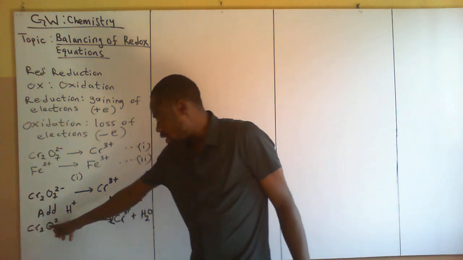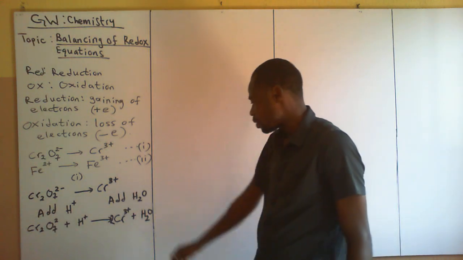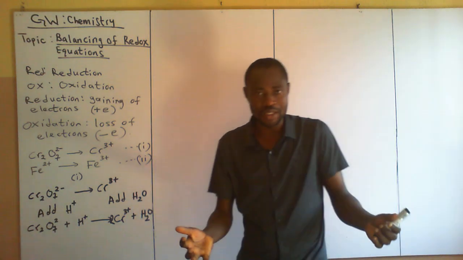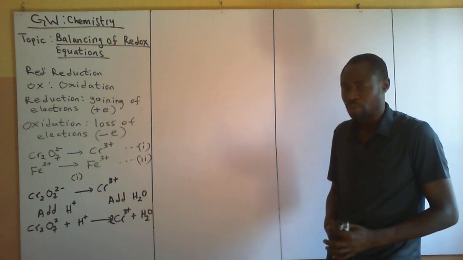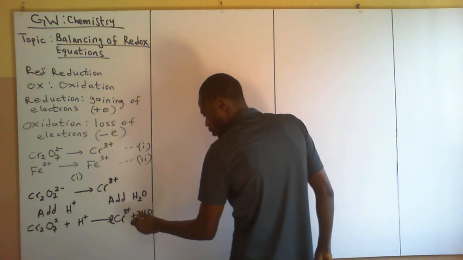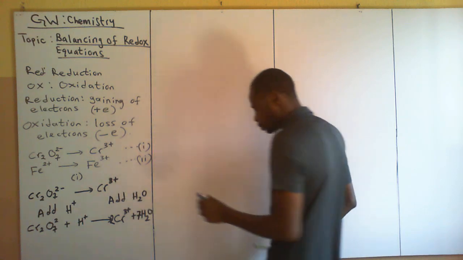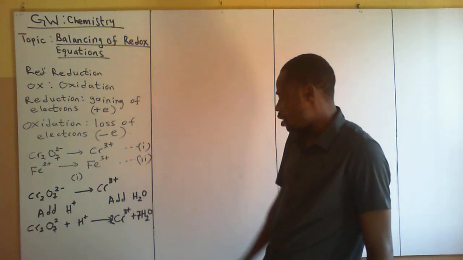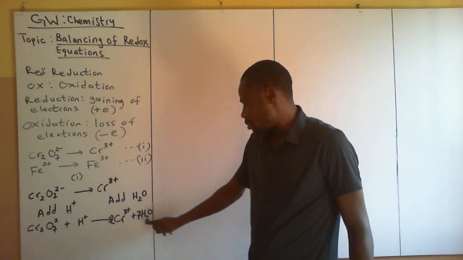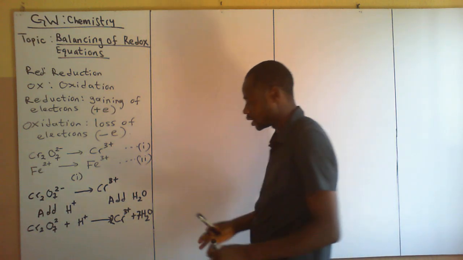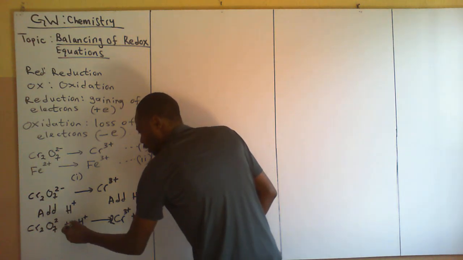Let us see how many oxygen are here. 7. How many here? 1. The LCM of 7 and 1 is 7. And the number to multiply 1 to have 7 is 7. We had 7 here. We put 7 here. Multiply by 7. How many hydrogen here? 1. How many here? 2 times 7 is 14. Number to multiply 1 to have 14 is 14. We put 14 here.